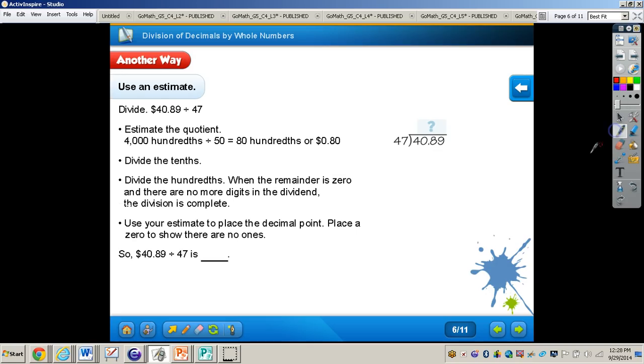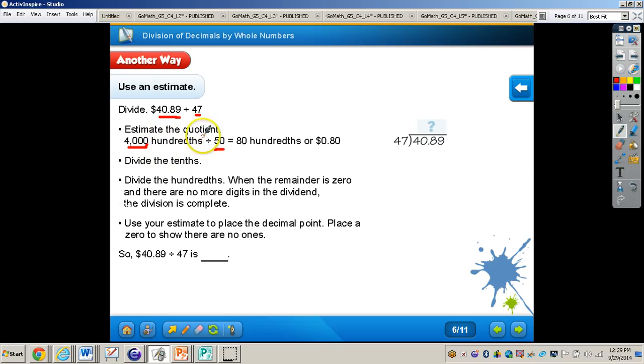Now another way you can do this is you can use an estimated answer. What we can see, we can divide $40.89 divided by 47, and we're going to change that $40.89 into 4,000 hundredths divided by 50. We take that 47 and we round it to the nearest 10.